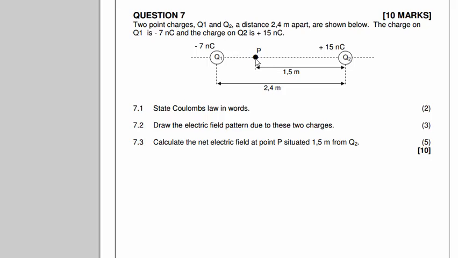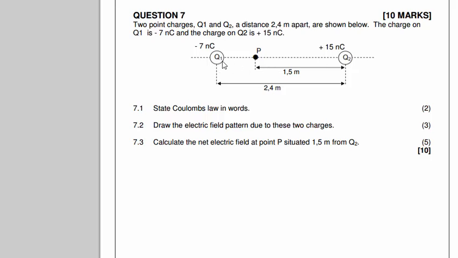So the positive charge would be attracted to Q1 and repelled by Q2. Q1's effect is pushing it in which direction? Towards it. Q2 will have what effect? Pushing away, but let's compare it to the original one.